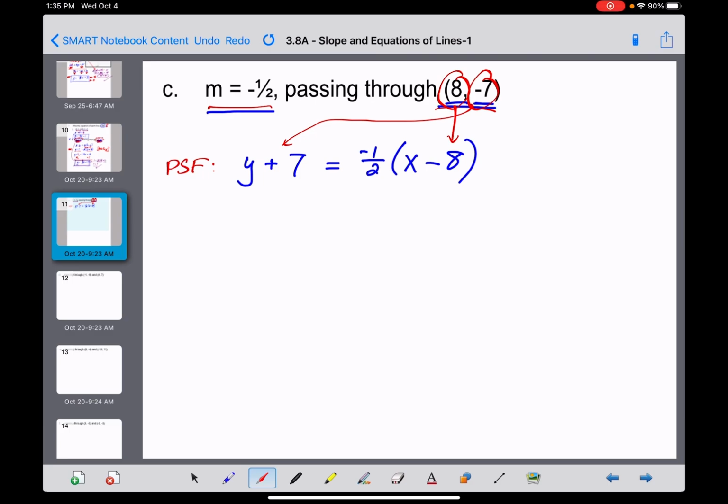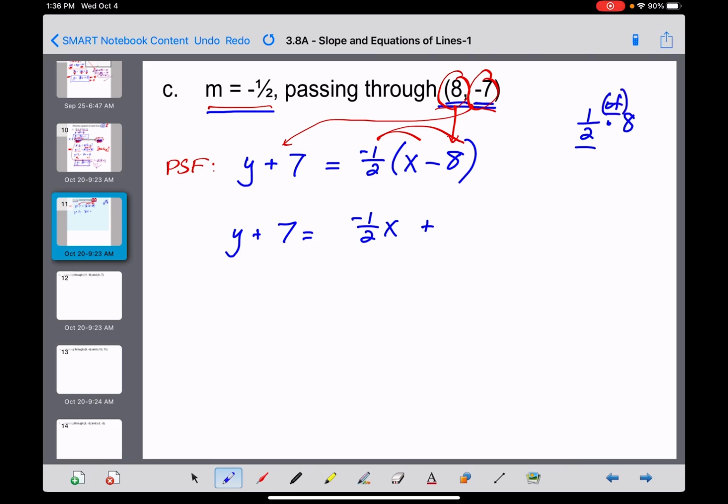We're going to get this in slope-intercept form now by distributing the negative 1/2. Y plus 7 is equal to a negative 1/2 x. And how about now, guys? Negative 1/2 times negative 8. A negative times a negative is a positive. And remember, when you're doing multiplication, what's 1/2 times 8? Just think of the word "of" right there in the middle.